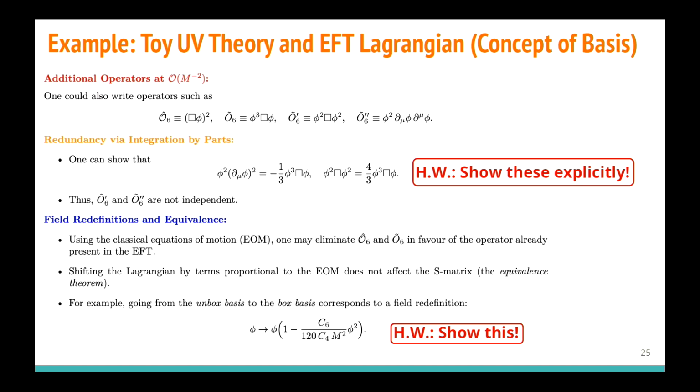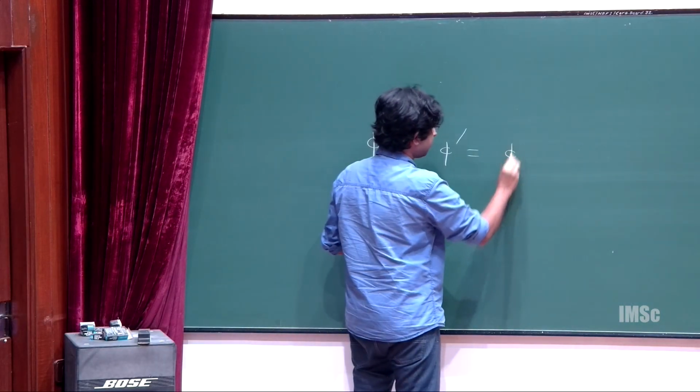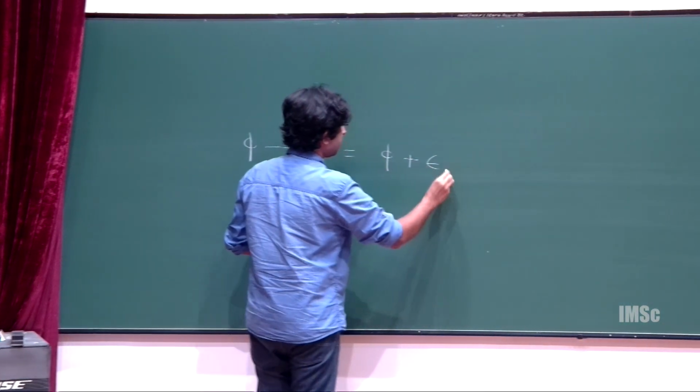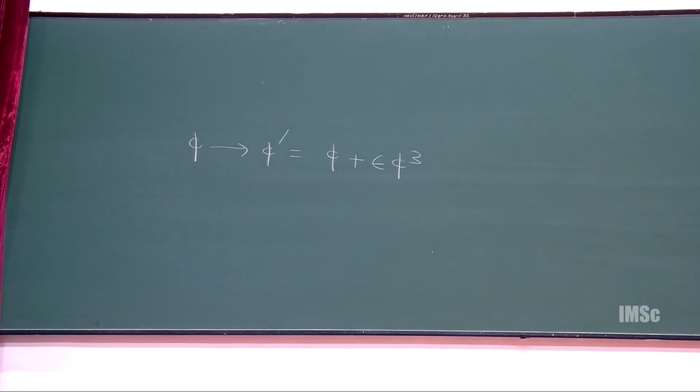I will give you an example of a good transformation: phi goes to phi prime is equal to phi plus epsilon phi cube. This is going to be a good transformation.